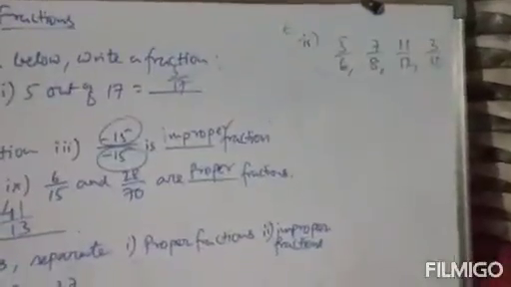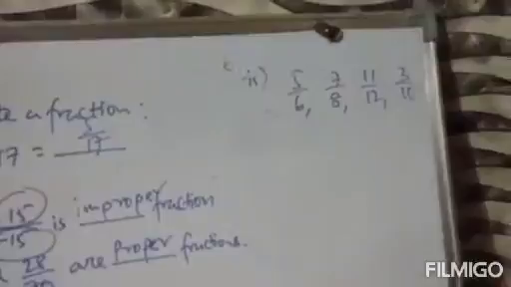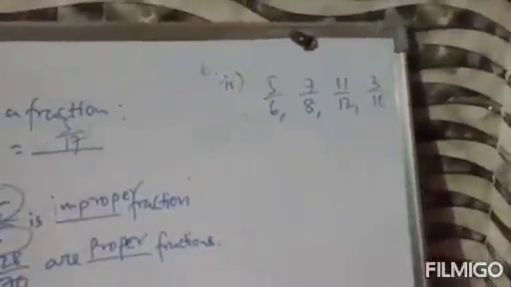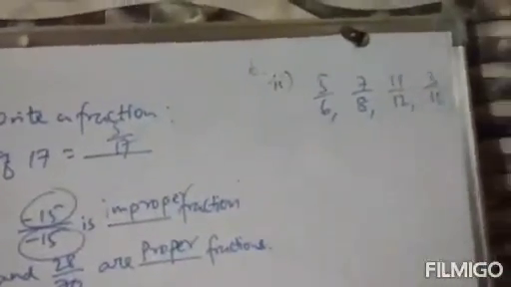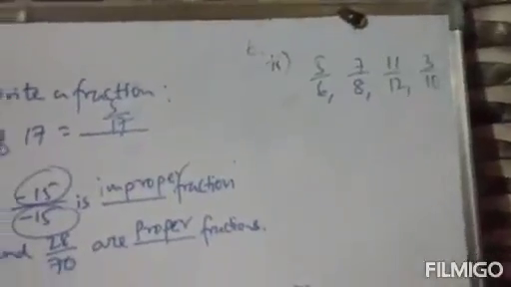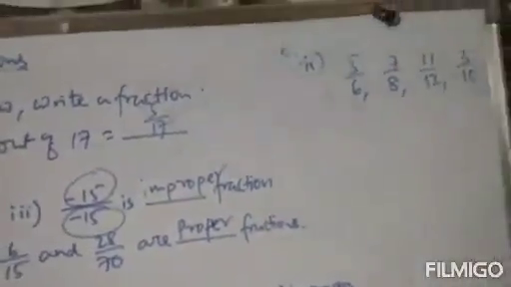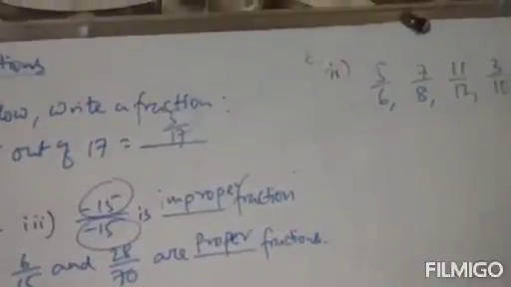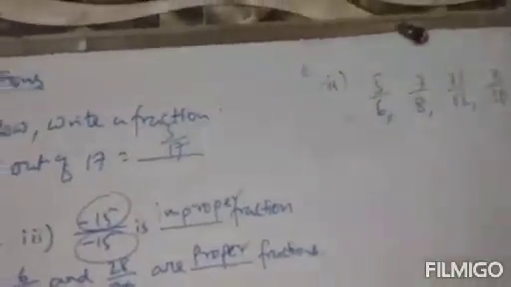Now what is the definition of like fractions? Like fractions are fractions having the same denominator but different numerators. That means we have to convert these fractions to the same denominator. Only then can we say that these fractions are like fractions.